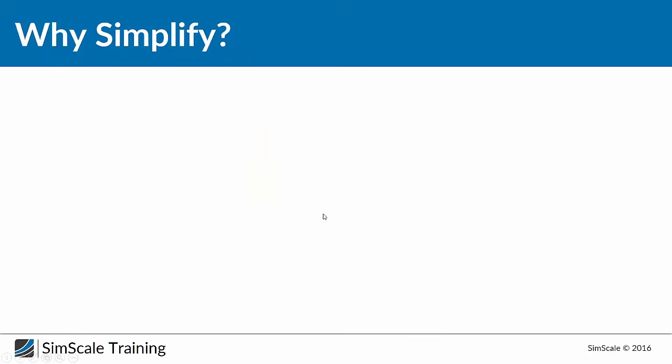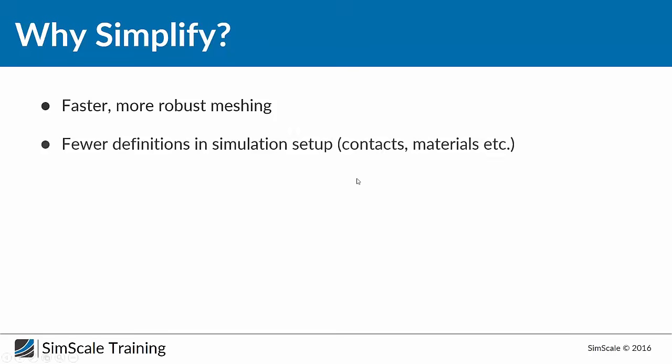First of all, the first part is simplification. And why do we need to simplify? First of all, it makes your meshing faster and much more robust. The second very important reason is that you need fewer definitions in the simulation setup.